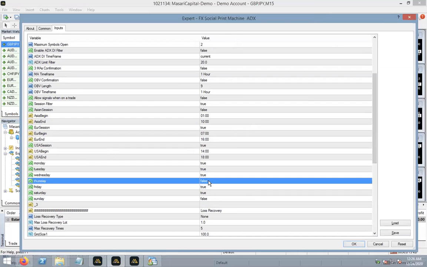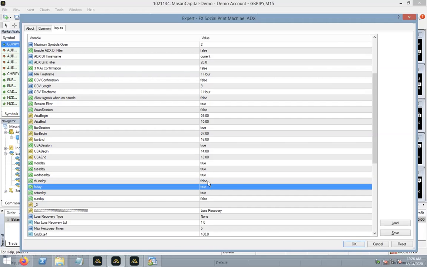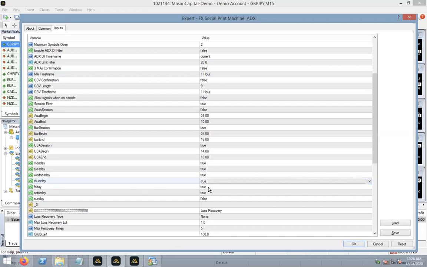If I see it's in low drawdown or decent profit, I'll just close all the trades on Friday, and I have the bot not look for any new trades on Friday.